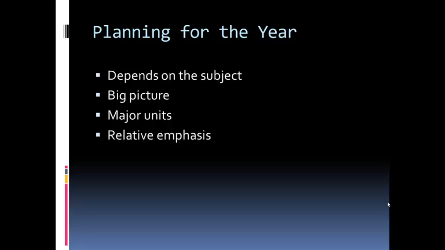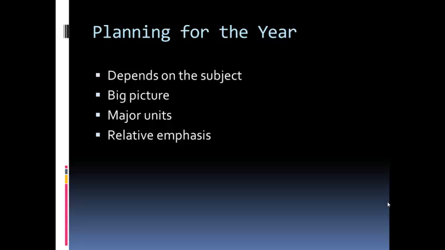Then you think about the relative emphasis you want to give to each of these units. For example, in music history, I know that the unit on pre-Renaissance music is not going to take a long time, but I'm going to hit really hard on the Baroque and Classic and Romantic eras because those are the times that have seen the most development in music.